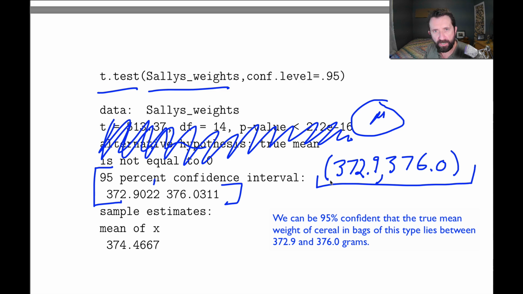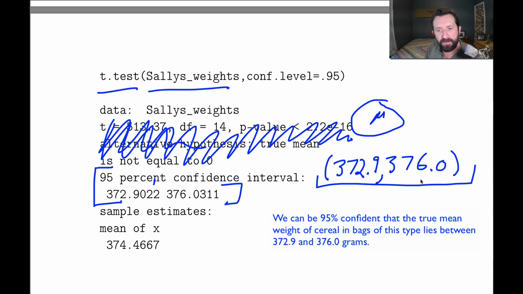Specifically, if we restrict ourselves to just that population from which we sampled, it's fairly straightforward. We're 95% confident that the true mean weight of cereal bags of this type lies in this interval. It's just a question of how far out can we go here? Are we talking about just that store? Are we talking about that lot? Are we talking about that production facility? Obviously, if we go too far and just say of all cereal bags, that's just dopey, right?